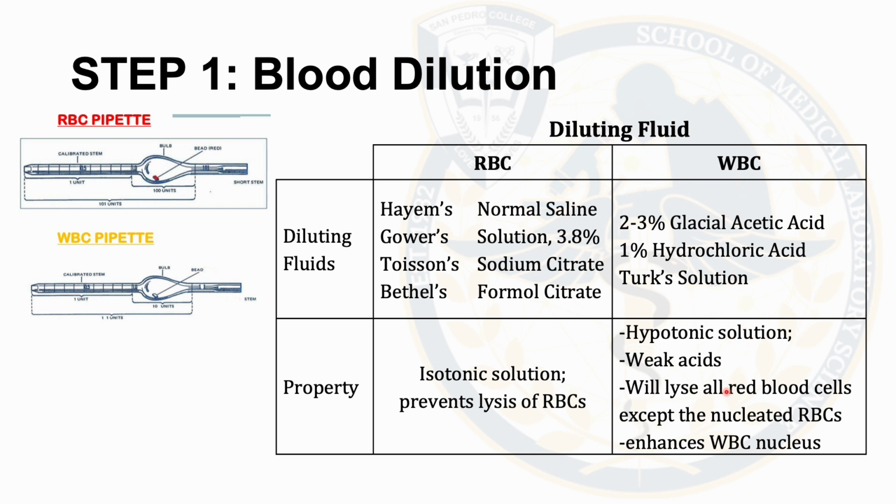Plus the fact that because it's a weak acid, it will enhance the nucleus of your WBCs. Remember, it cannot lyse nucleated RBCs. Even in the machine, most nucleated RBCs are counted as WBC. So, that's the reason why you have to make sure that nucleated RBCs are not counted by our machine.